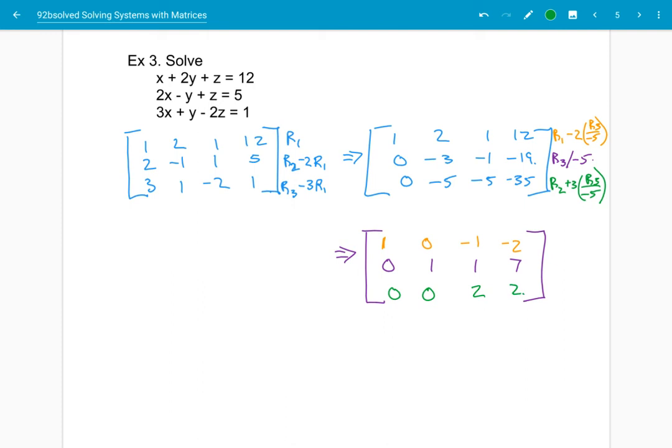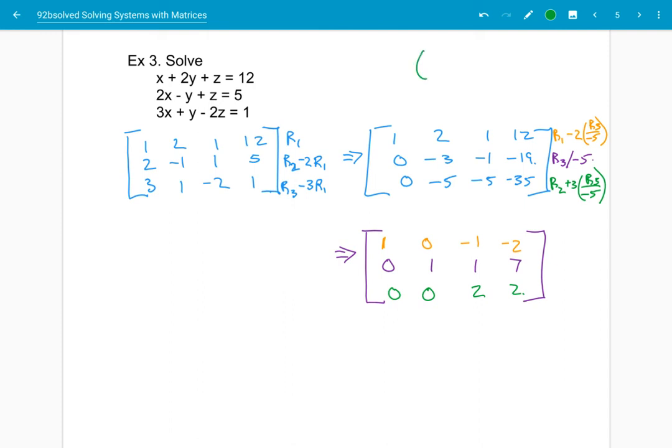And I think I have a mistake because I'm not matching the answer. Let me just double check. Row 2 plus 3 row 3s. Yeah, 2, 3, 2, and 2. And it's a bust. What did I do?